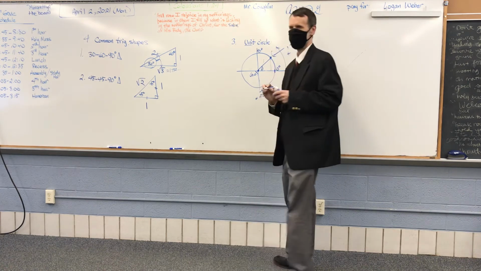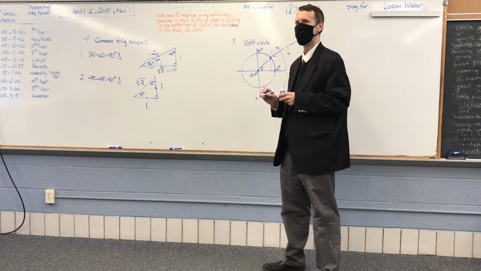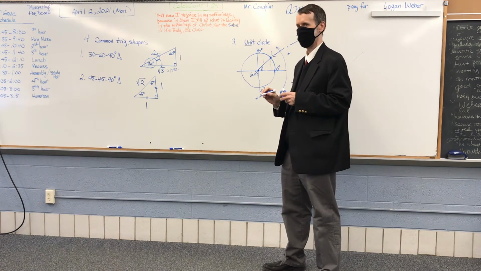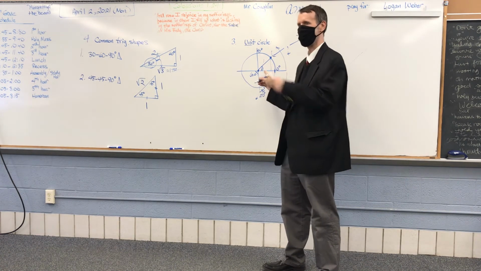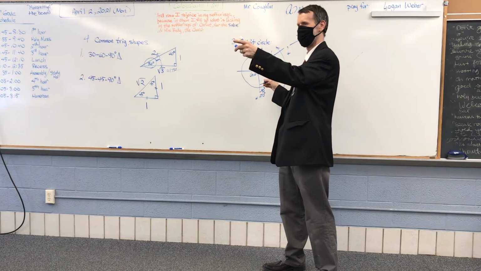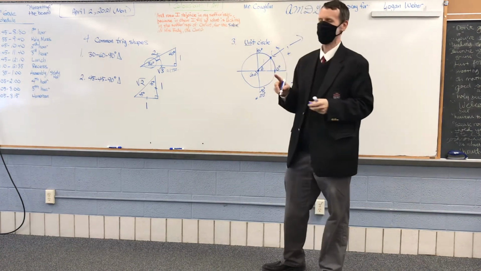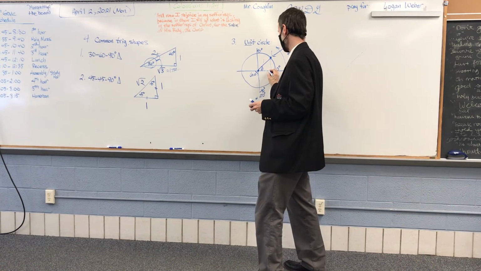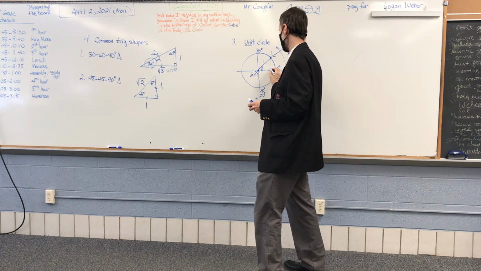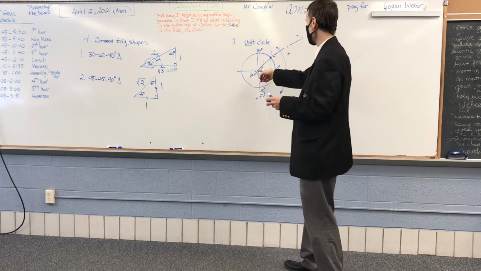Guess what shape I just made? That we've been playing with a lot. What is that? It might be 45, 45, 90, depending on how big this is. But it's at very least a what triangle? A right triangle. I don't know how long this is.